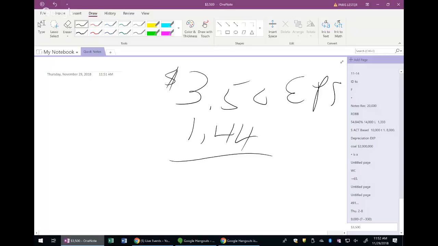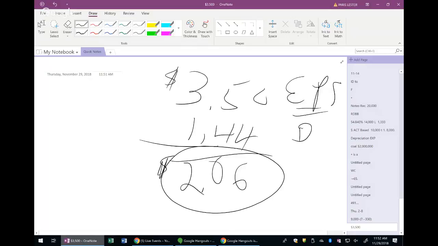All right, they made earnings of $3.50, and they're paying out dividends. This is what they're leaving in the company. They're leaving $2.06. All right, somebody tell me where they're leaving that in the company. Two words. Stockholders' equity. Where do they leave that $2.06? In retained earnings. Okay.